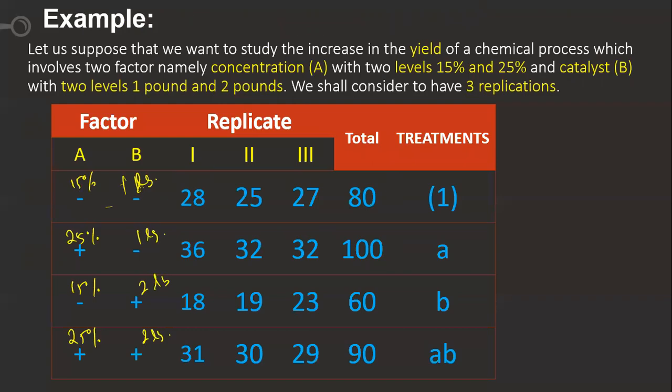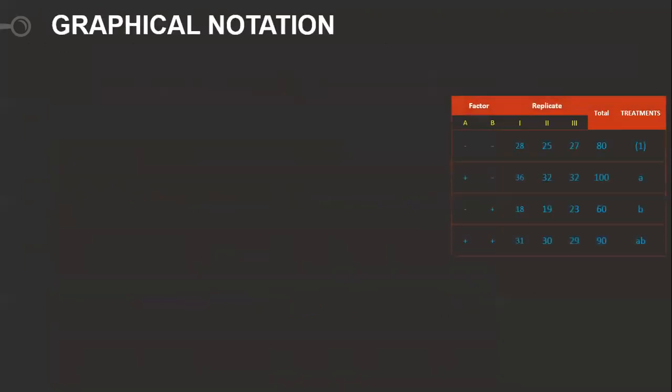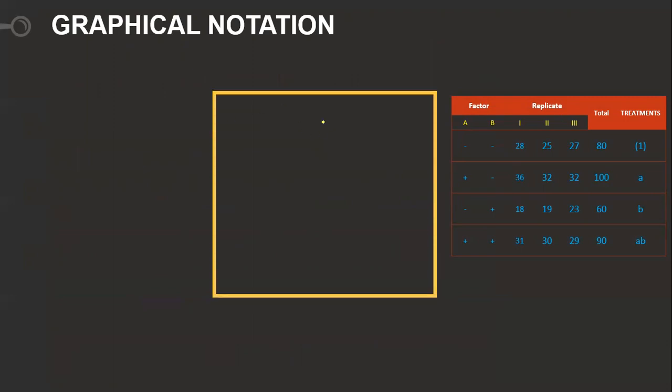Okay, so now this is the total given. I have done a Yates notation here. This particular thing I want to show as a graphical representation. So how to show this as a graphical notation? This is 2 into 2, so I am having a square for this. Okay, so I'll draw a square for this.